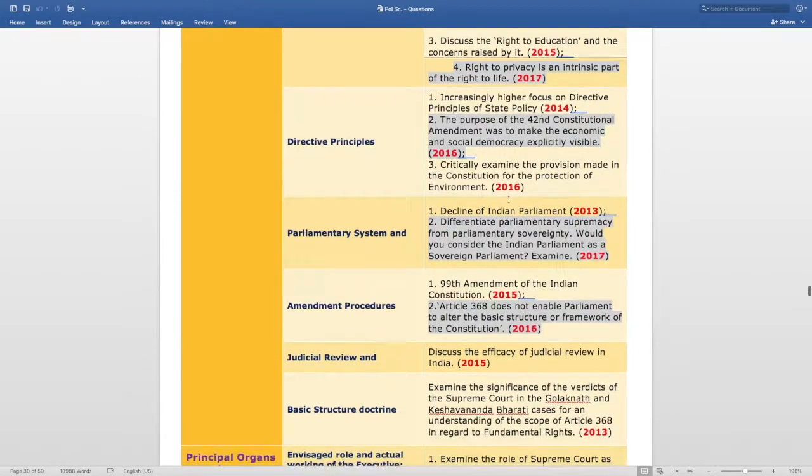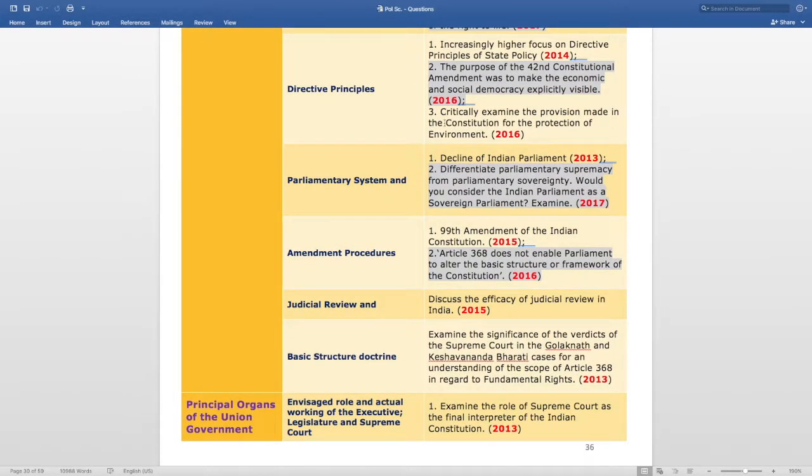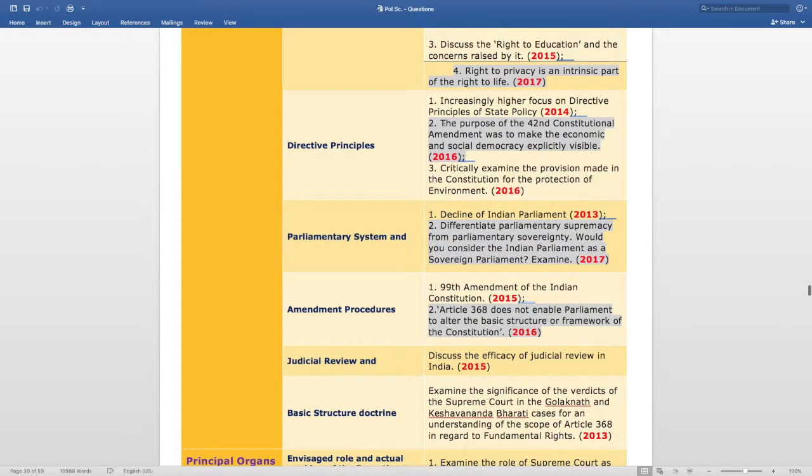This is asked in 2016. The next question is: critically examine the provisions made in the Constitution for the protection of the environment. This is asked in 2016. So there are two questions from Directive Principles in 2016.